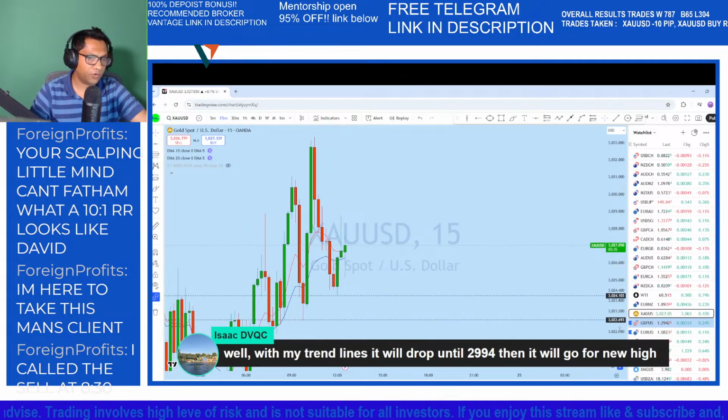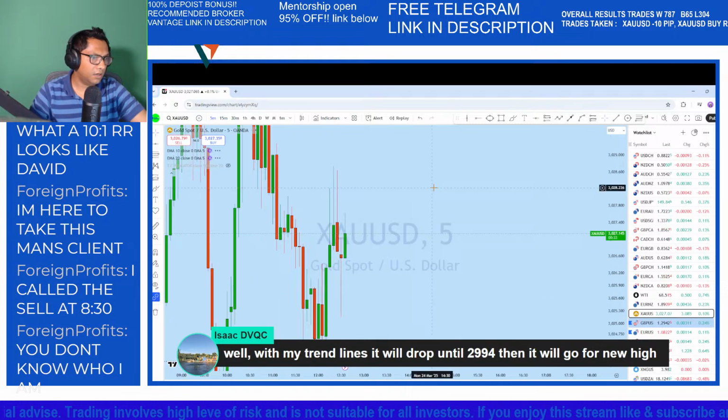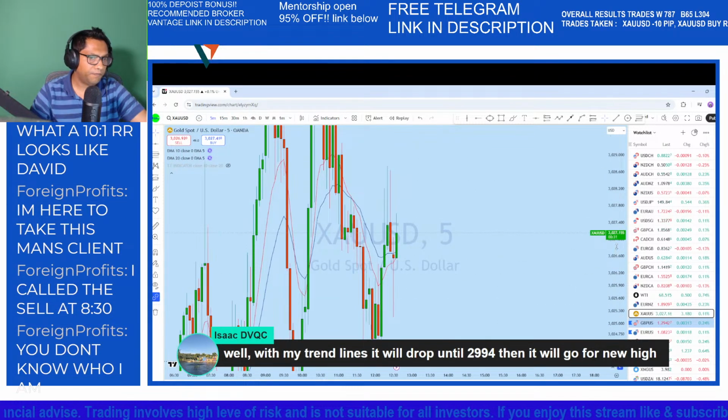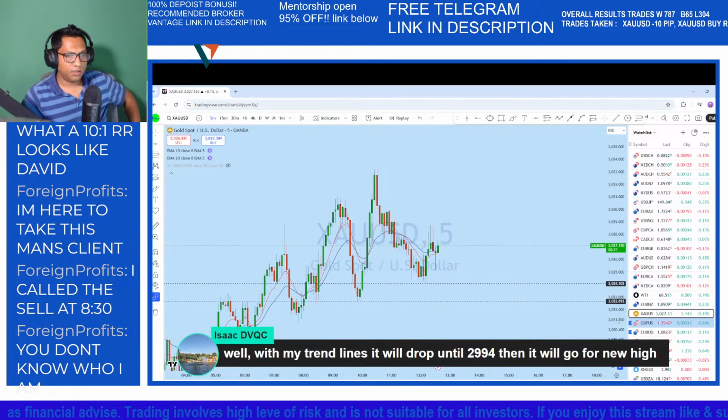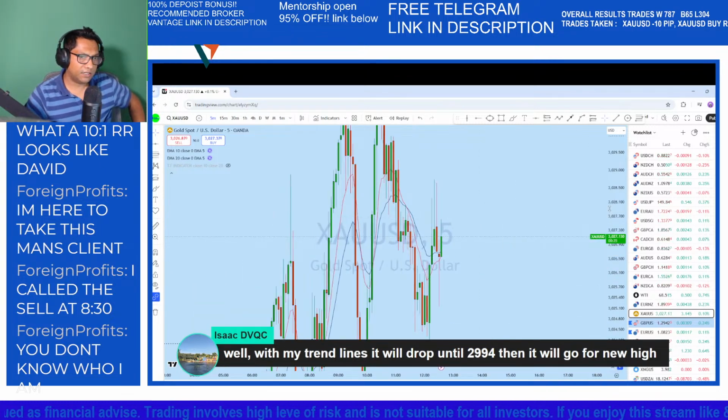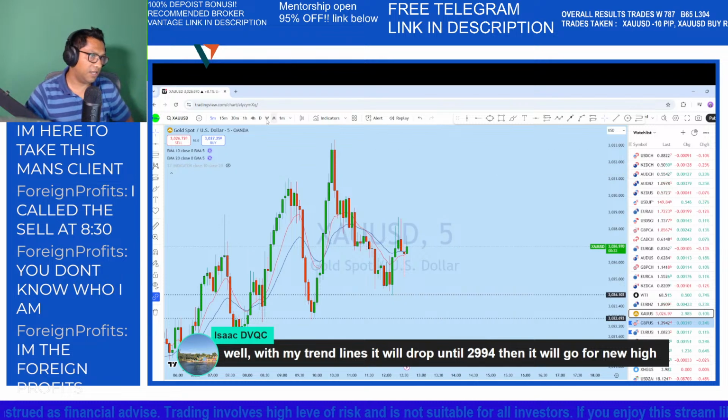You guys look at it, you can see from here it's trying to revert back to the upside here, and with this doji we could see that the market to return again.